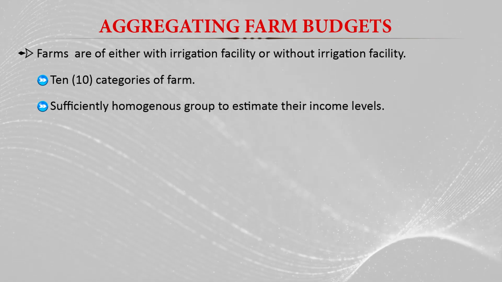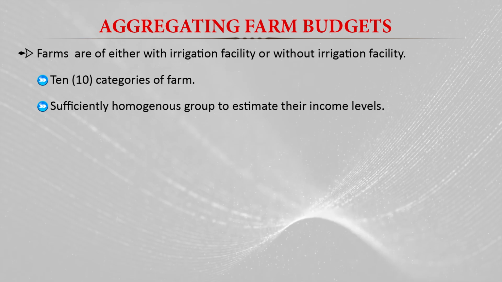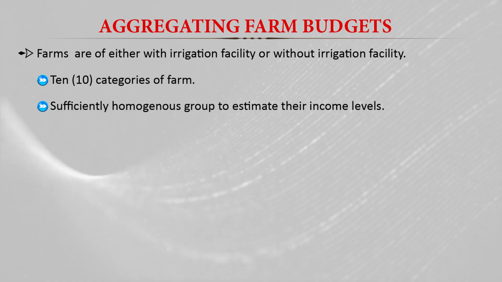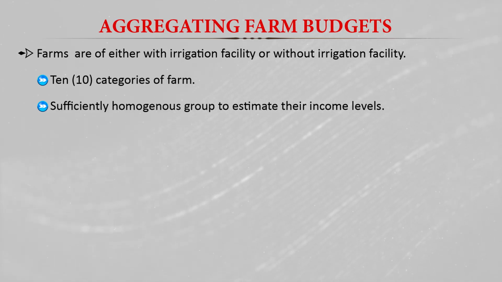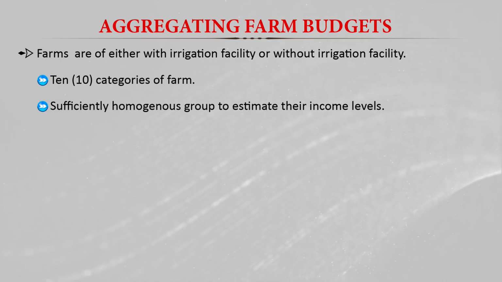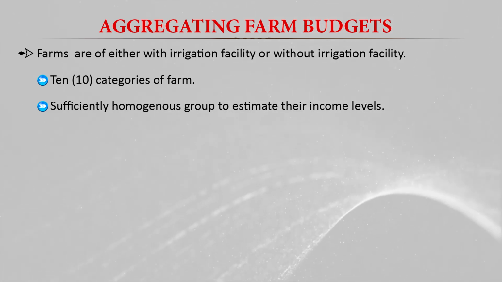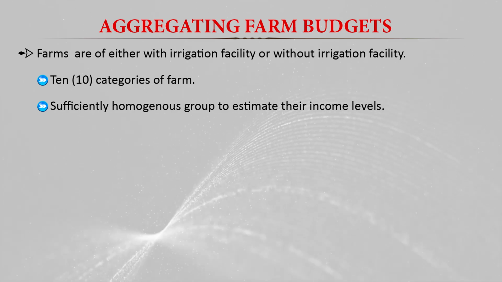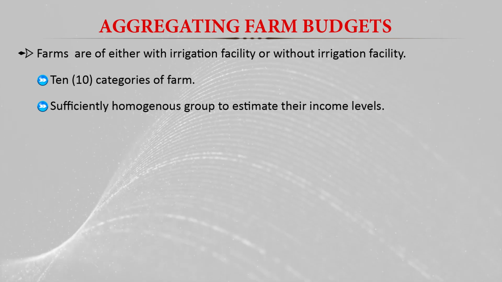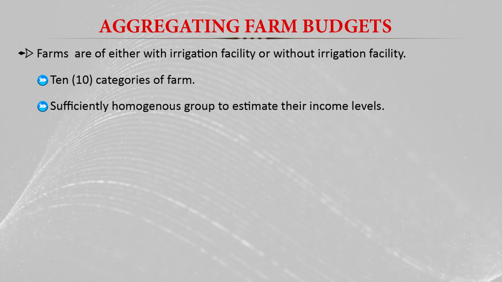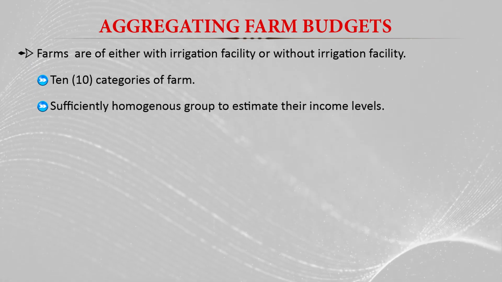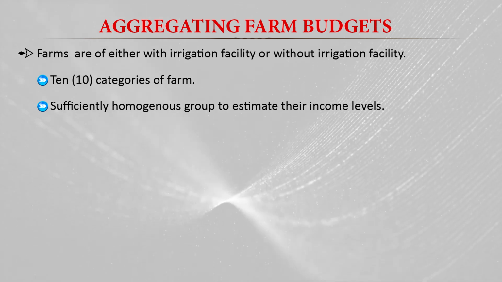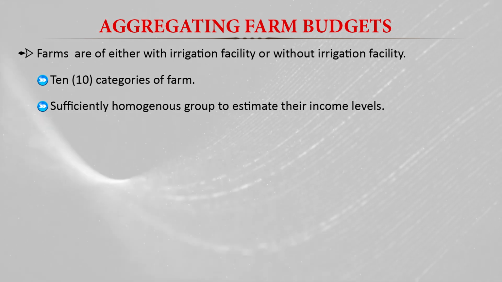When we do the survey of these different categories of farms, we get the output data from these farms. When we have the number of different farms, we multiply the average output of a particular category of farm with the number of farms of that category, and then we can get the total output of the project when we are doing it at the project area, or we can get the total output of the nation when we are multiplying at the national level.